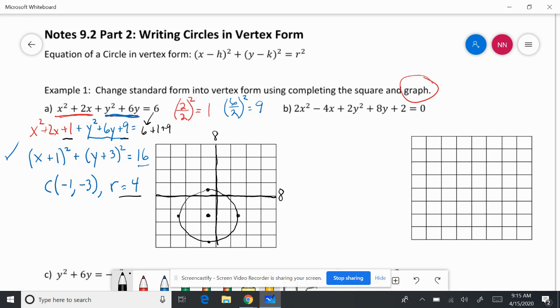Now, looking at our second equation, what we notice first off is that we need the x squared by itself. We see a 2 here, we see a 2 in front of the y squared. So that means that we're going to divide each of the terms by 2.